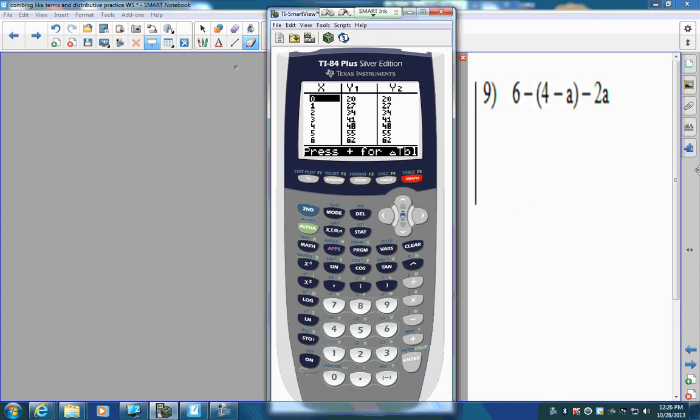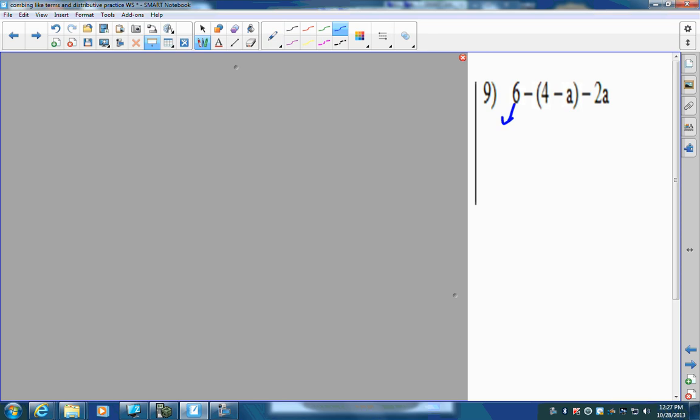Now, what you need to notice is that this 6 just comes down, is over here by itself. What is in front of the parentheses is a -1. So you're going to take -1 times 4 and get -4. -1 times -A. A negative times a negative is a positive A. Now, the -2A is outside the parentheses, so we just bring it down.